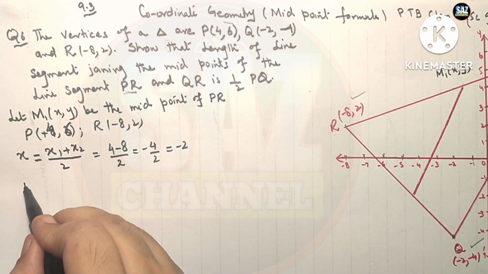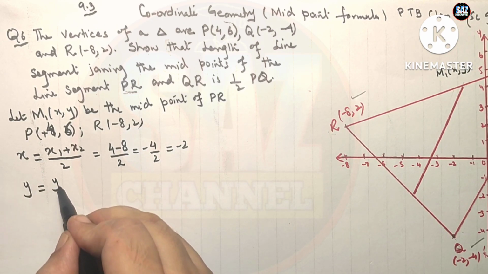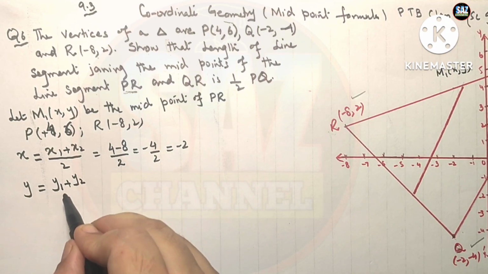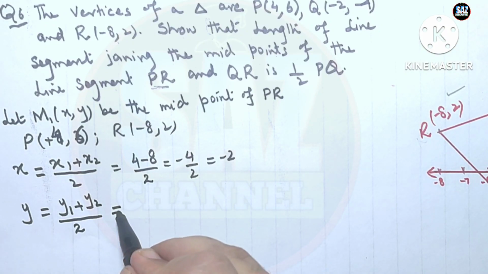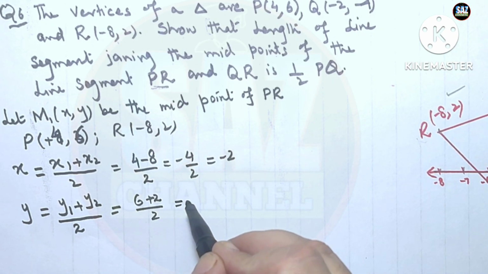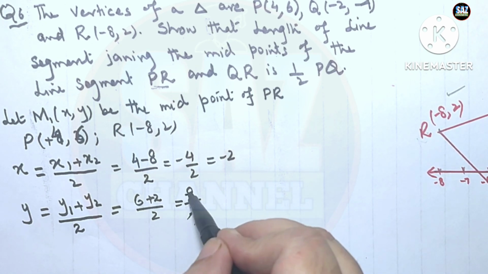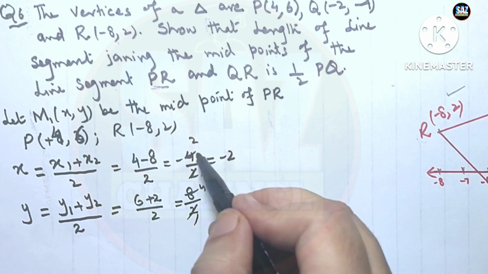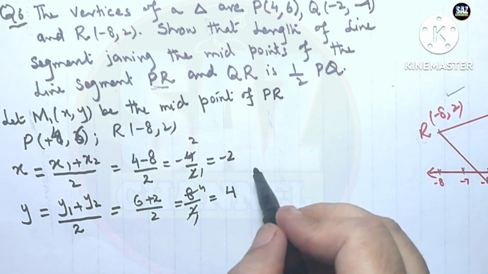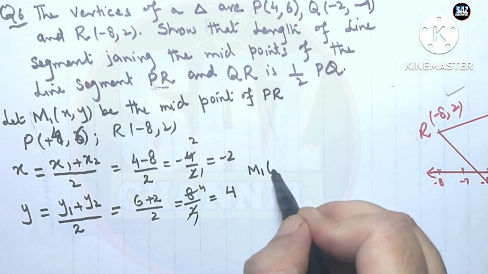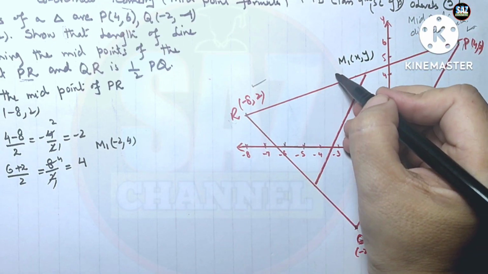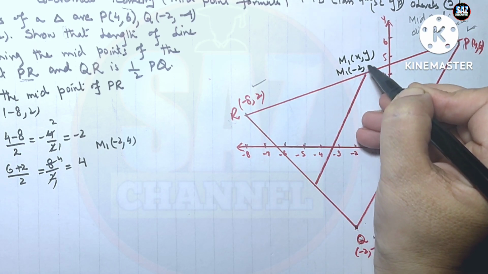Then the y value is the average of the y coordinates of P and R: 6 plus 2 over 2, which is 8 by 2, which gives me 4. So M1 is (-2, 4).